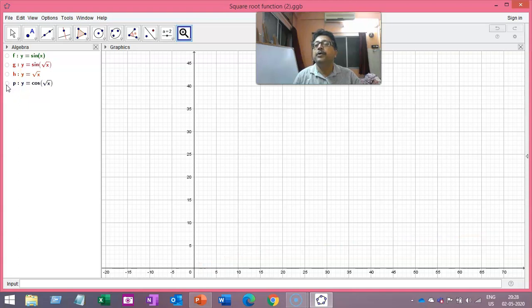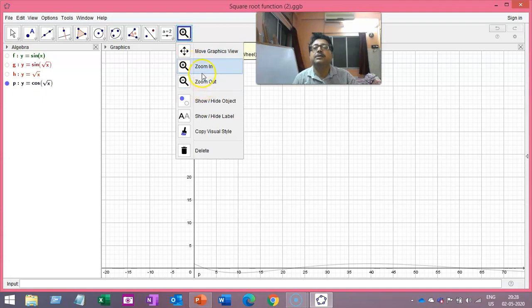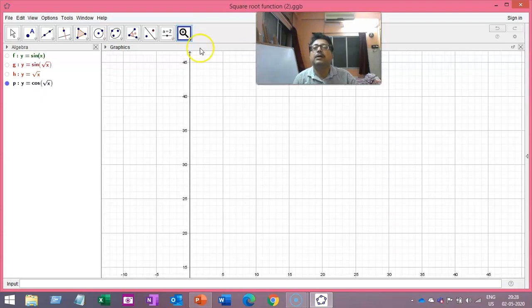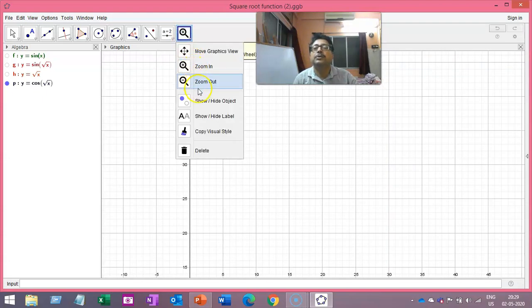If we go for y equal to cos of root x, this is also not periodic because, if you plot the cos of root x graph, just zoom out.